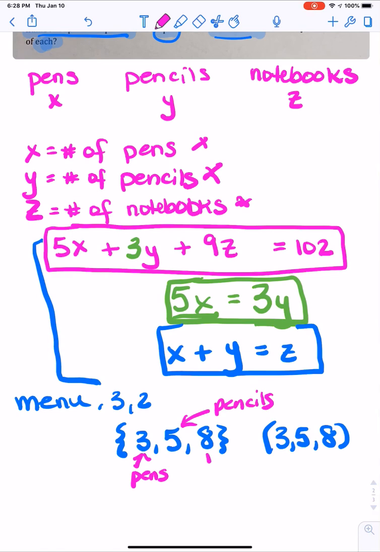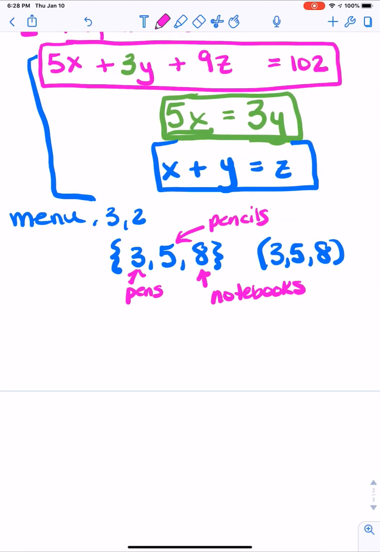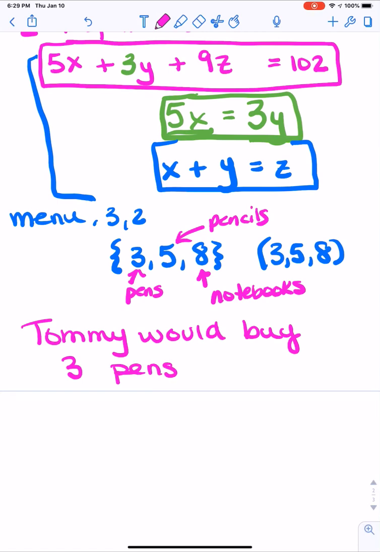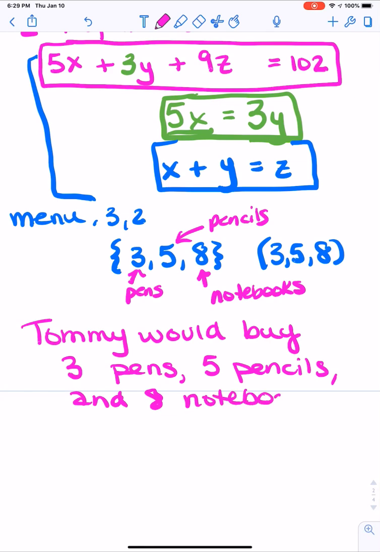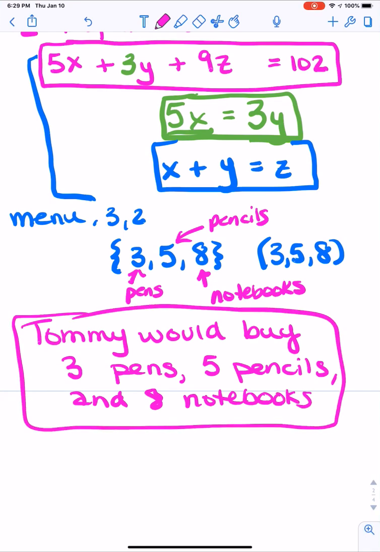And up here it says Z is my number of notebooks. So if I talk about interpreting that, that means that Tommy would buy 3 pens, 5 pencils, and 8 notebooks. Okay, now this is the last part we're going to look for because that's your interpretation.